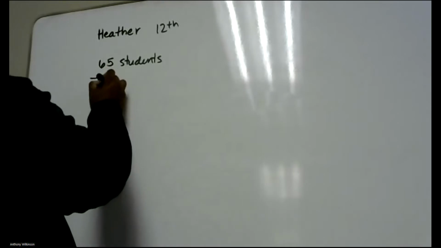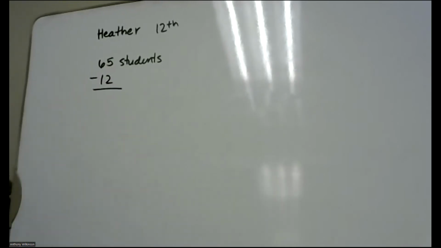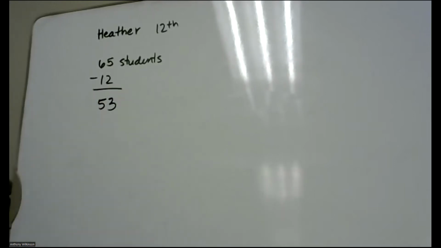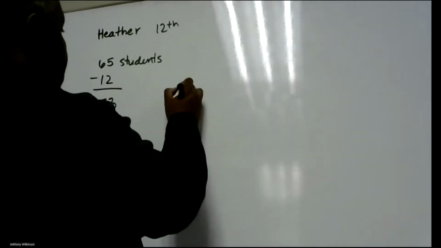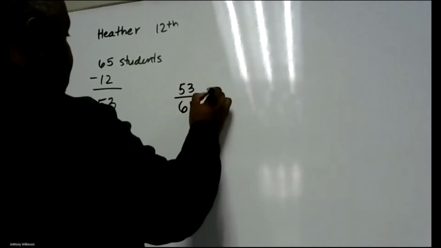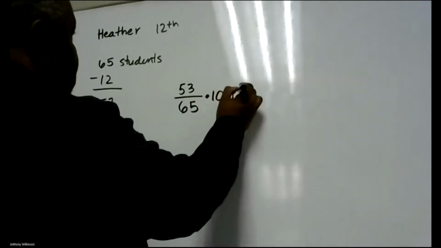So if Heather is ranked number 12, let's subtract 12 from the 65 students in that class. So 65 minus 12 would be 53. That means 53 students had a rank lower than Heather. And to find that percentile, I'm going to take this 53, divide that by the 65, and I'm going to multiply that by 100.